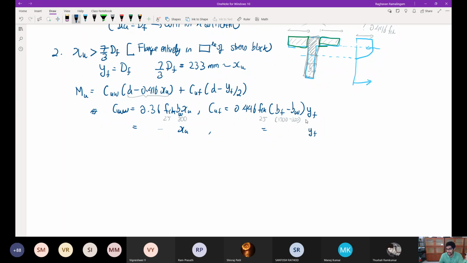Tell it a bit quickly because we will be going to the third case, and the third case will take a bit of time. How much is CUW in terms of XU? It's a small multiplication: 0.36 into 25 into 300 is how much? 2,700.